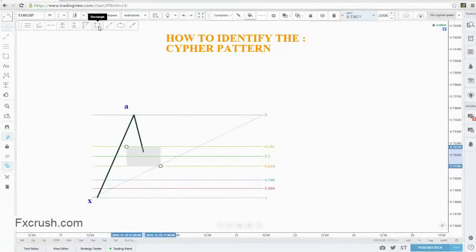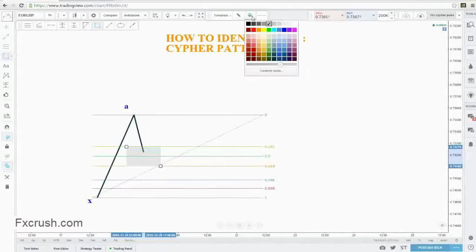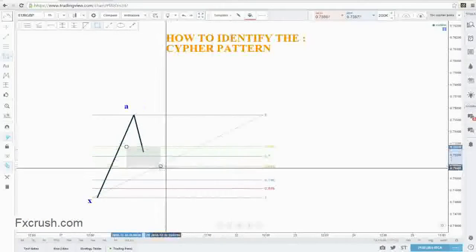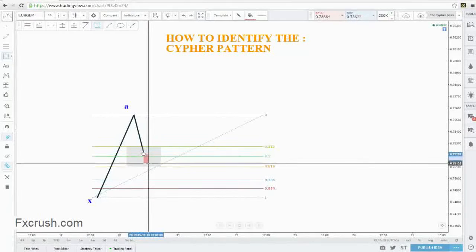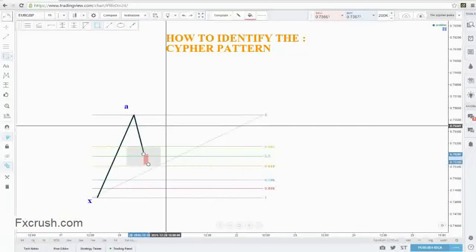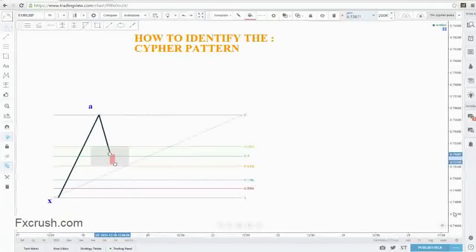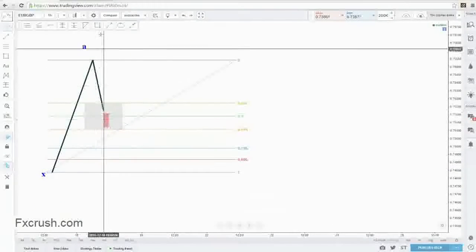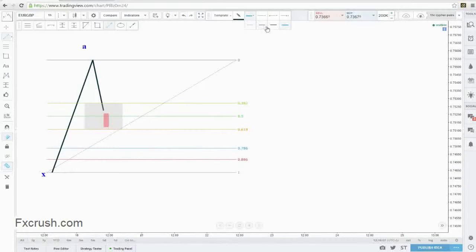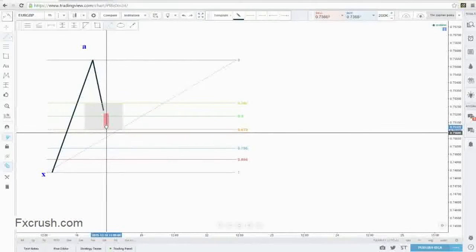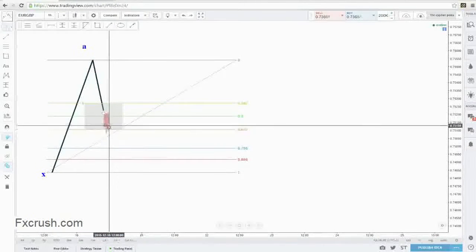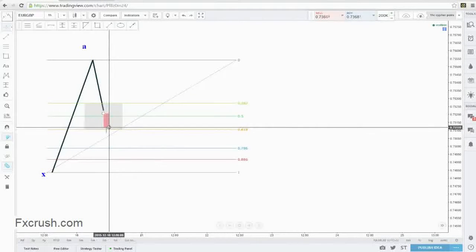But the market cannot close below the 618. So for instance, if we have a candle here, like this red one I've drawn, and the wick comes down below 618, then that is still a valid B leg of the cipher pattern.